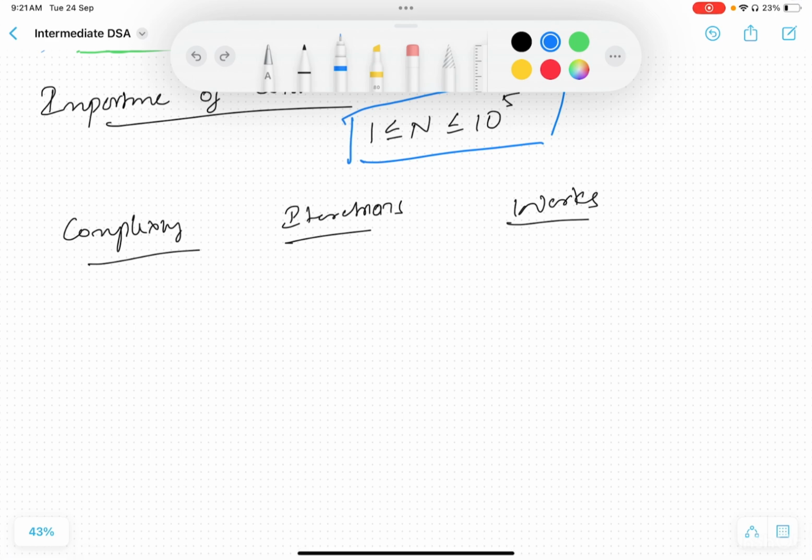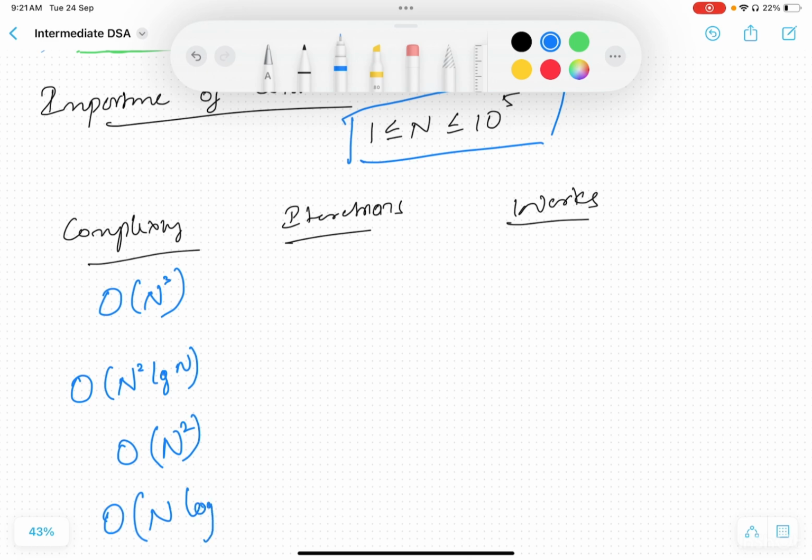Let's say for the given question you need a nested for loop 3 times, and your time complexity becomes order of n cube. Another approach has order of n square log n. The third approach is order of n square, and the fourth approach is order of log n. You have all these approaches to solve one problem.